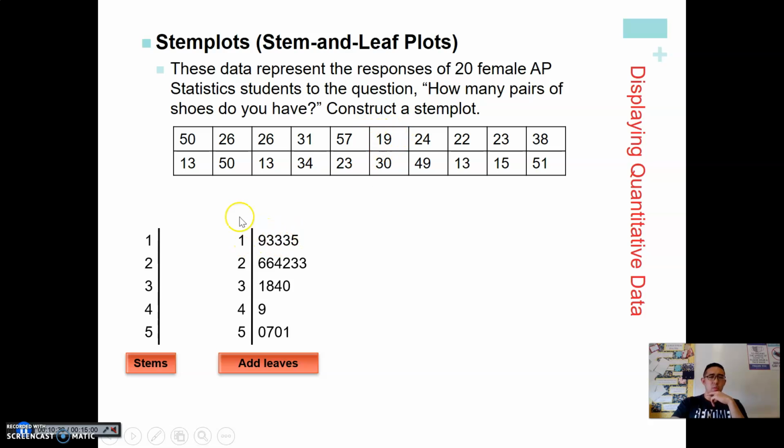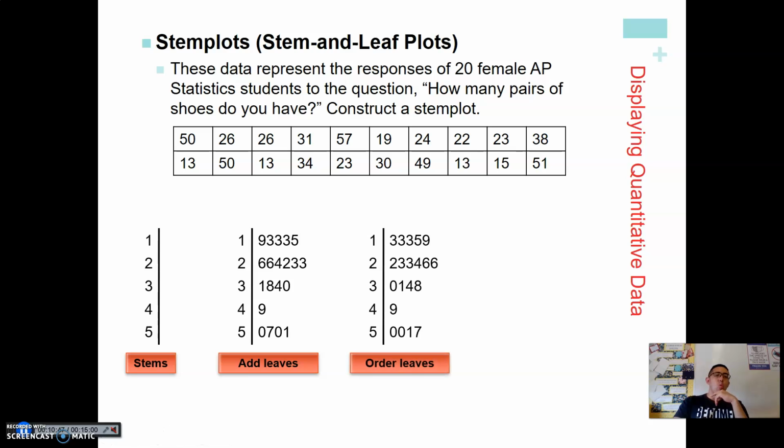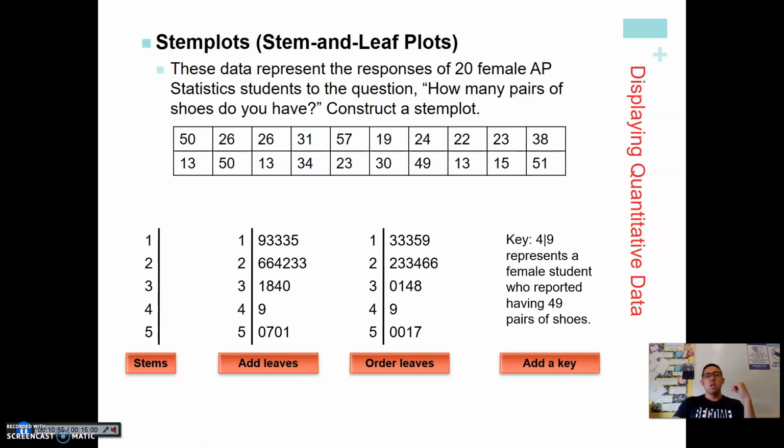The 1, 3 is someone who says they have 13 shoes. And this is what a stem plot would look like. You want to write them in order, so it'd be 13, 13, 13, 15, 19, and so on and so forth. And then you add a key to represent the number of students within each leaf.